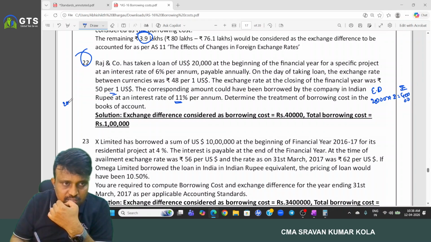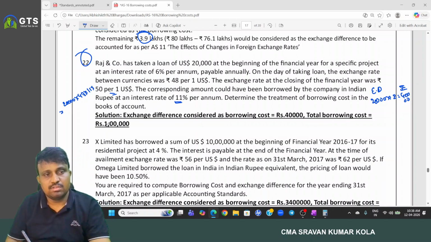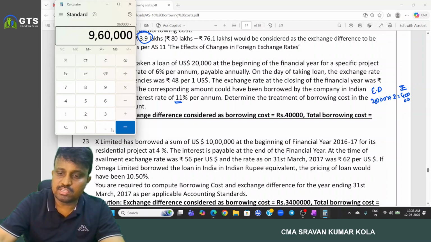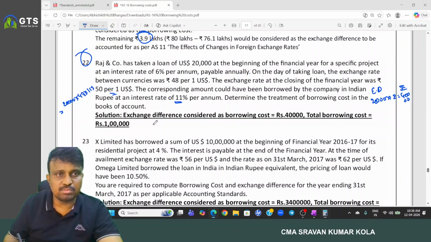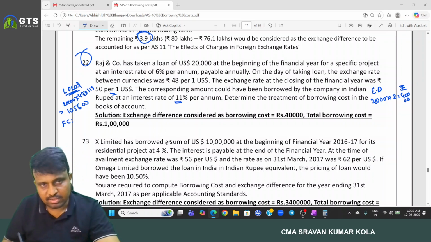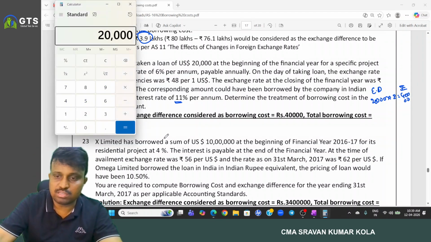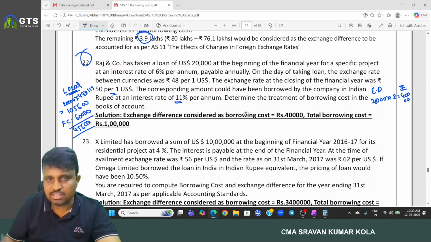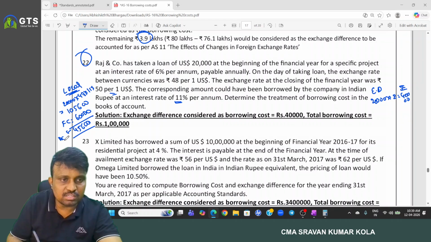That means $20,000 into 48 into 11%, nothing but 1,05,600. This is the local currency borrowing. For the foreign currency borrowing, 6% per annum: $20,000 into 6 by 100 into 50, nothing but 60,000. What is the difference? 45,600. And this is the amount covered under AS-16.